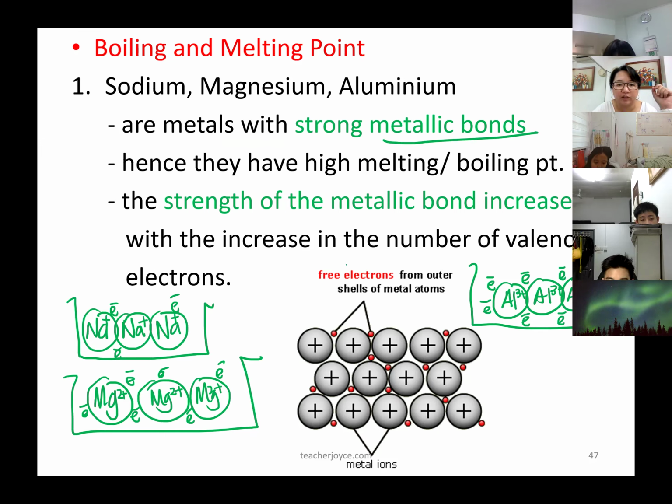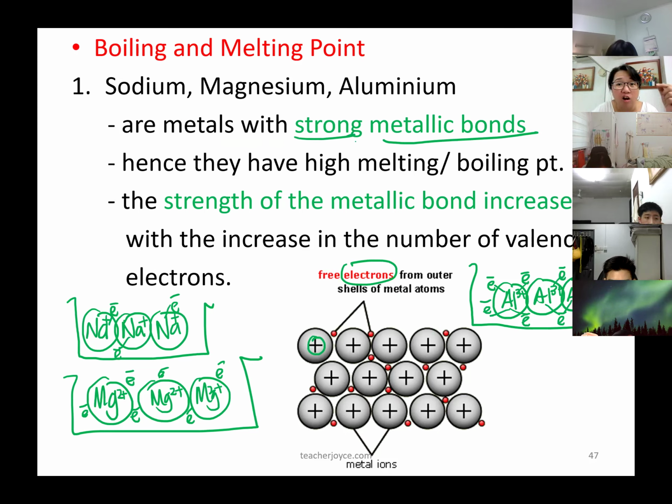Is between the electrons and the positive nucleus. Every electron and the positive nucleus has an attraction, so there are so many attractions in aluminium. But sodium only has a few. So by right, aluminium should hold stronger, right? Correct?